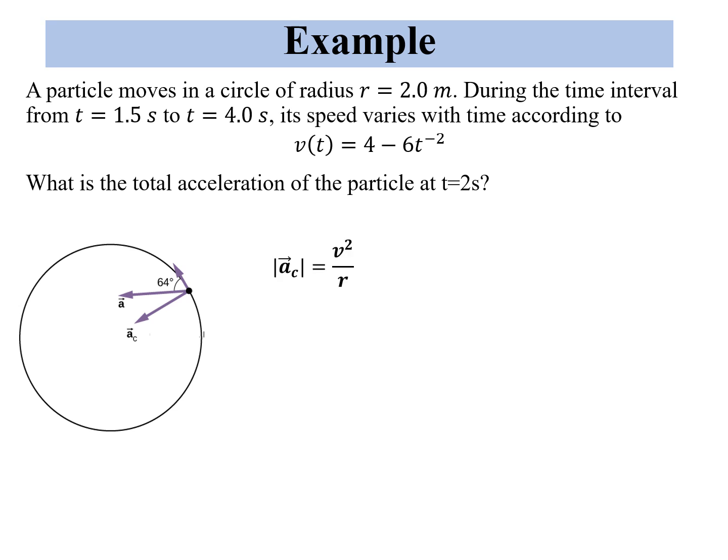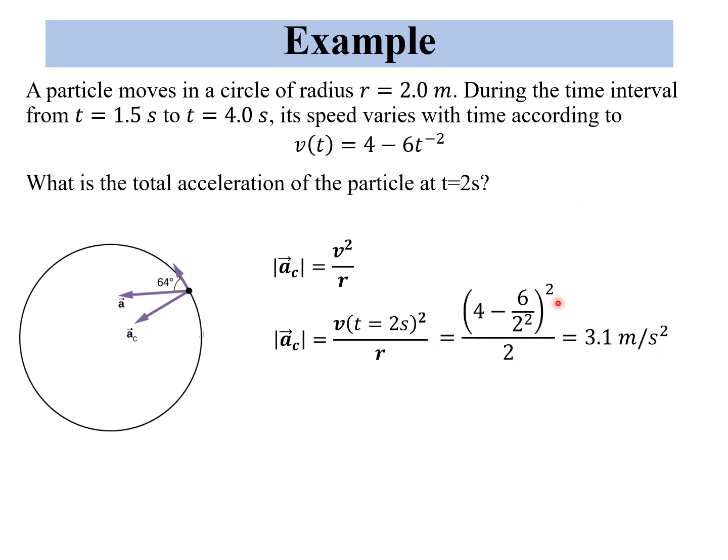So to find the centripetal acceleration at t equal to 2 seconds, we can plug the time into our velocity function, and we can determine the speed of the object at that point. And once we have that, then we can square that term and divide that by the radius, which is 2 meters, and we'll get about 3.1 meters per second squared.